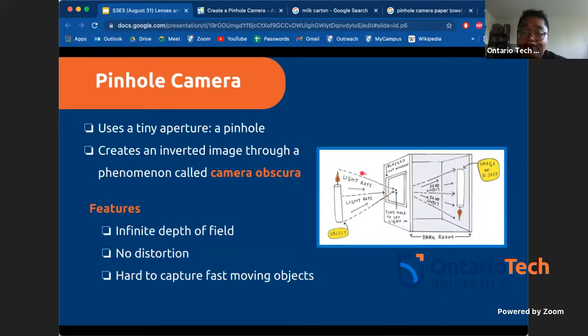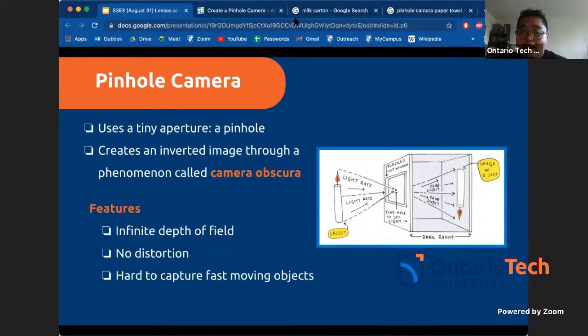So as a light ray passes into the hole, it continues in the direction that it went through. If it's going down, as it enters through the hole, it just keeps going straight down. If the light ray is coming from above into the hole, it goes straight up. And that's how this image is formed.